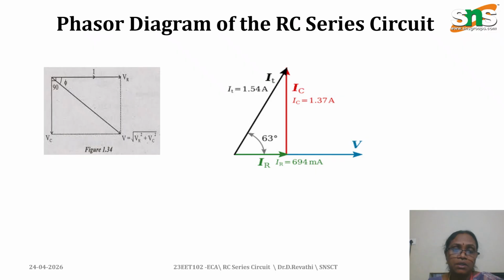For the resistance, VR is the reference and I is in phase with VR. For the capacitor, the voltage VC is lagging by 90 degrees. Adding up these two, V is equal to the square root of VR squared plus VC squared.